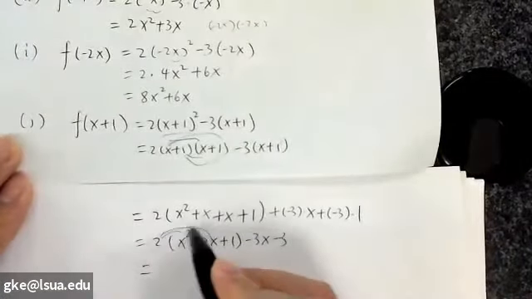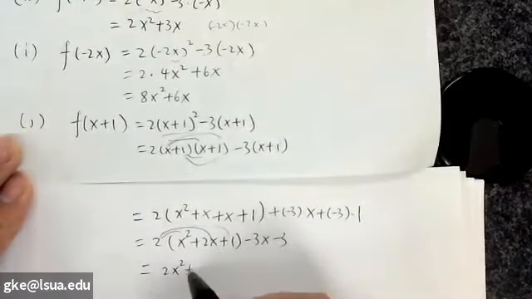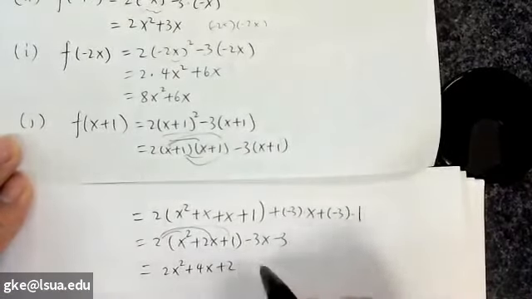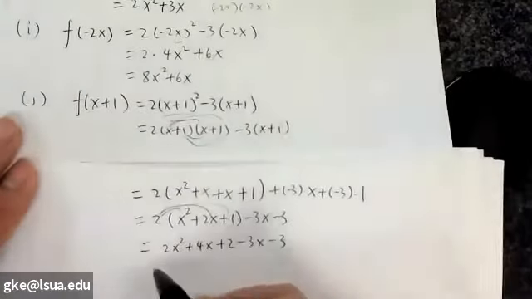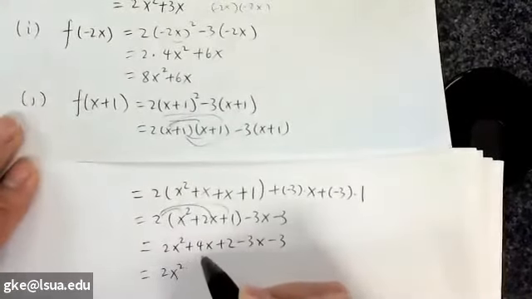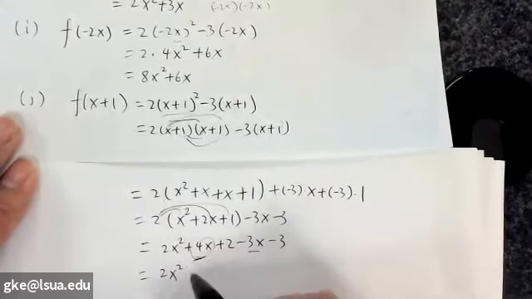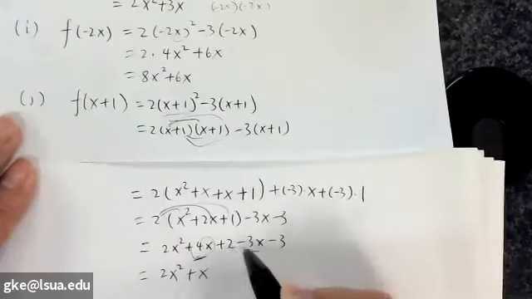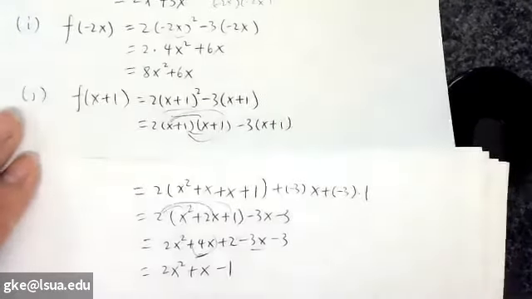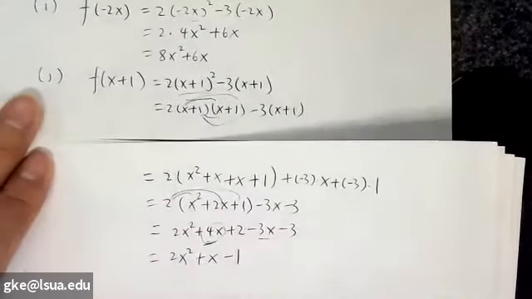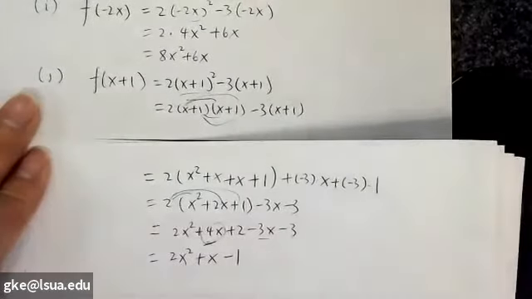So distribution gives 2x squared plus 4x plus 2. And again, you can see these combined together: 4x minus 3x is x, 2 minus 3 is negative 1. Okay, so the answer is going to be 2x squared plus x minus 1.